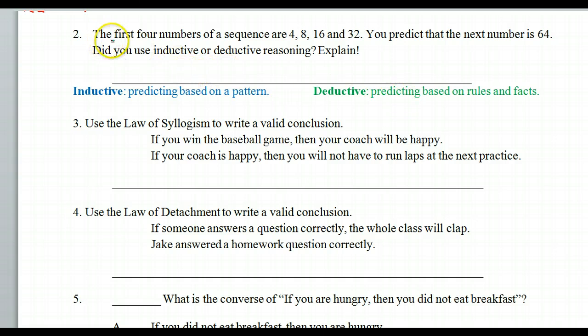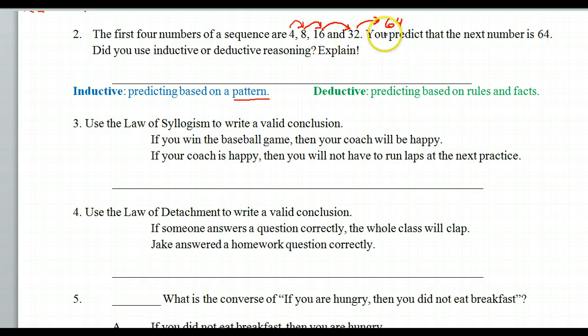Okay, so on this problem, we have the numbers 4, 8, 16, and 32. From 4 to 8, it doubled. From 8 to 16, it doubled. From 16 to 32, it doubled. So based on that pattern, we would predict that the next number is going to be 64.